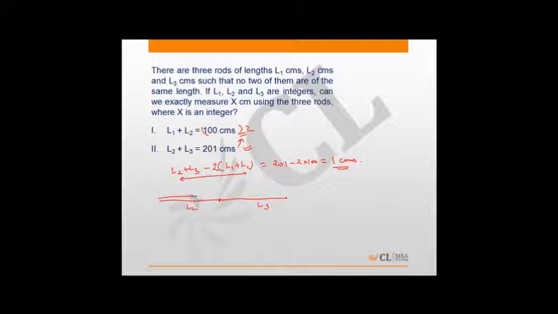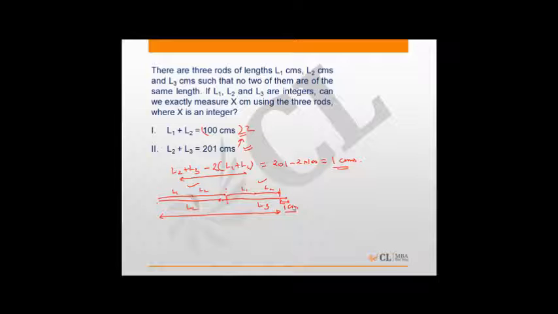So I'll put L1 here, L2 here, and put a mark on this. Again I replace this L1 and L2 starting from this point. So this is L1 and this is L2, and put a mark on this. So what I practically have done is L1 plus L2 is this total length, and I have subtracted twice of L1 plus L2 from this. That means this length is equivalent to 1 centimeter.